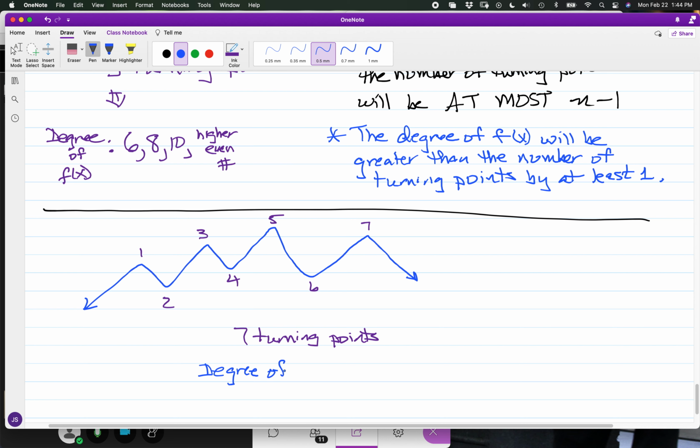And for the degree of the function, the degree is always more than the number of turning points. So it could be 8, 10, or some higher even number. It could be 12 or 14.